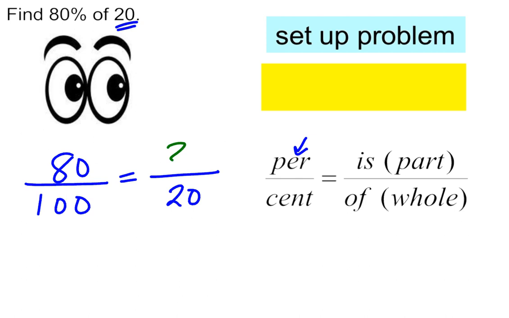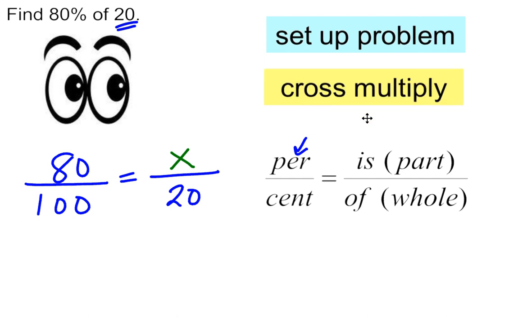So instead of putting a question mark, we're going to use a variable called x. We use variables when we don't know what the answer is, and we're trying to find out what it equals. So that's our first step, just really setting up the problem, reading it, and setting it up correctly. Then our next step is that we're going to cross multiply. What I mean by that is we're going to cut across like an x. We're going to multiply these two sides, and we're going to multiply these two sides.